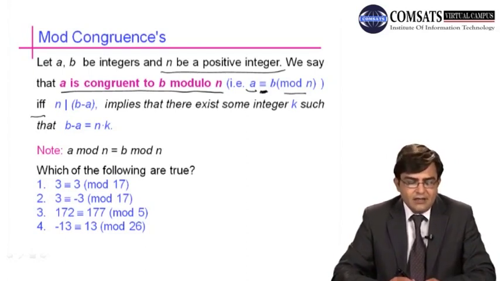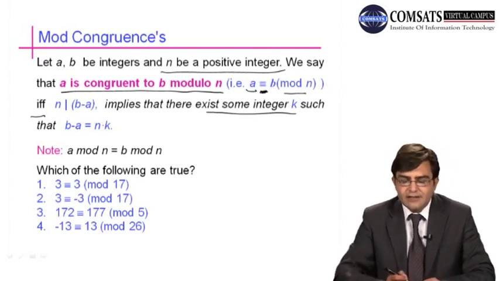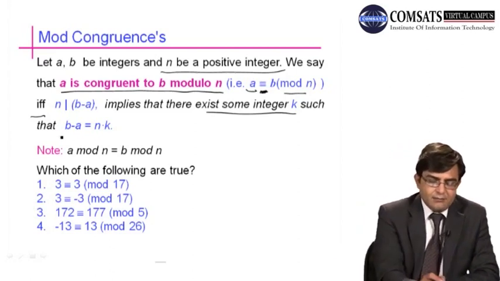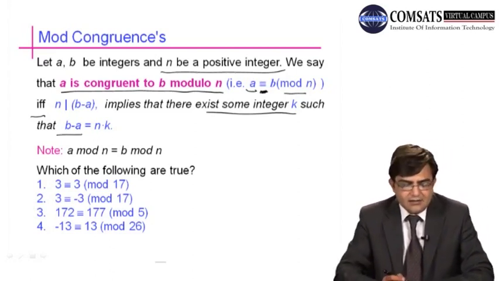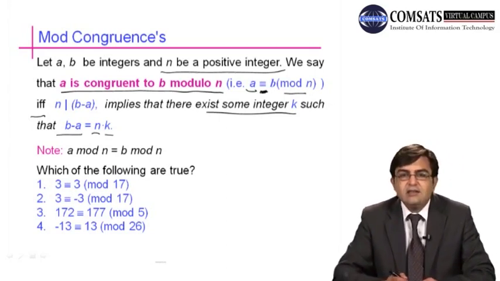If n divides b minus a, then there exists some integer k by the definition of divisibility, such that b minus a can be written as the divisor into the quotient. k here is the quotient.